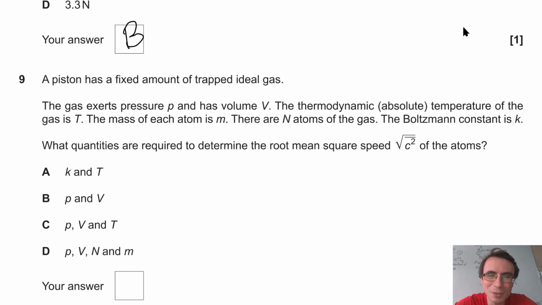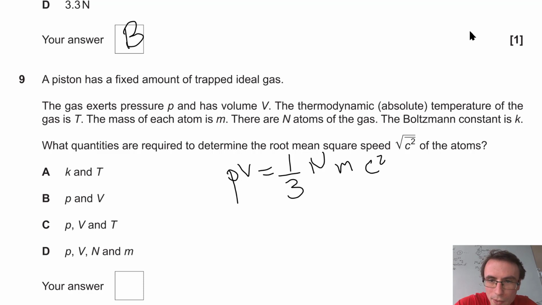So this question seems a little bit tricky, but all it's testing is actually our familiarity with the formula booklet. And there's an equation in there, if you're doing OCR, which is that PV is equal to 1/3 NM c squared. Actually, if you're doing other exam boards, pretty much all of them do this equation. I think in AQA you also have to be able to derive it.